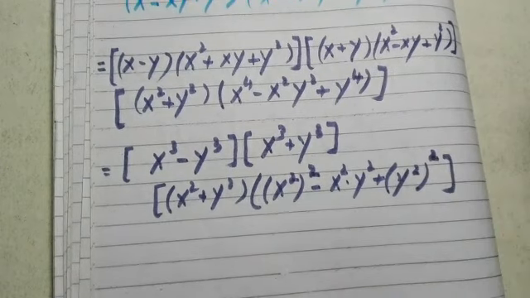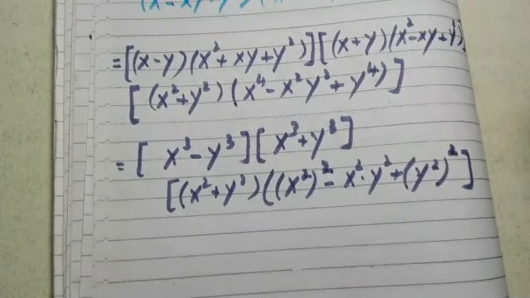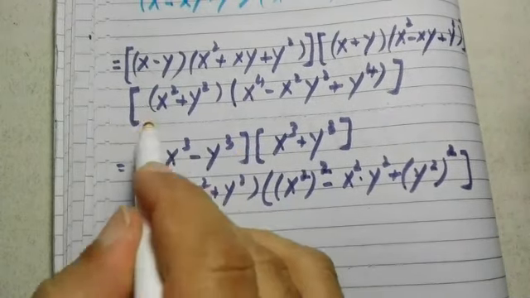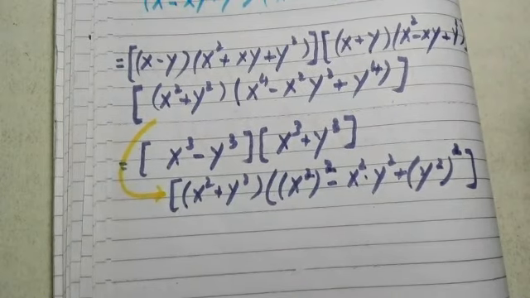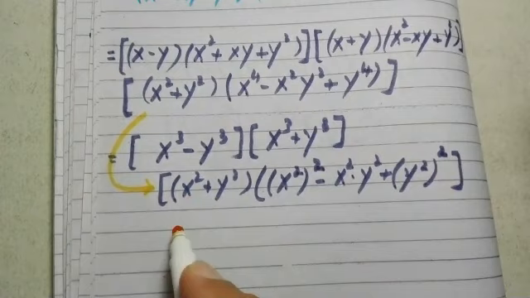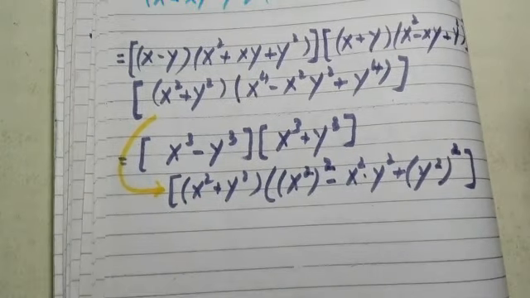Like this one. So what we have done is just rearranged the terms right here. Why? So that we can use the formula. Which formula is actually required to be written here?